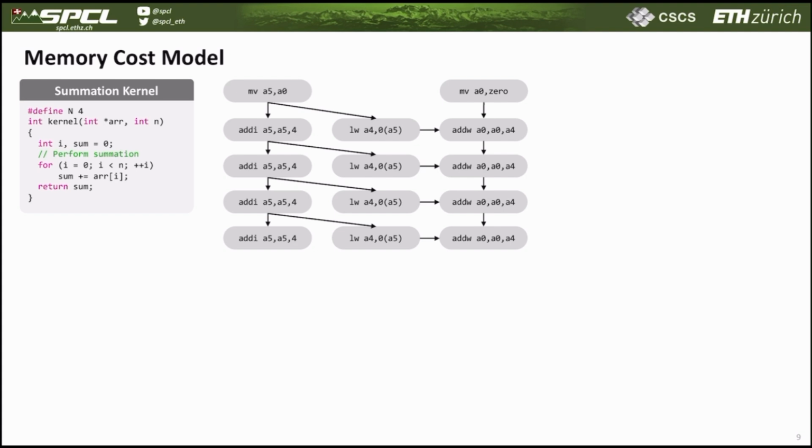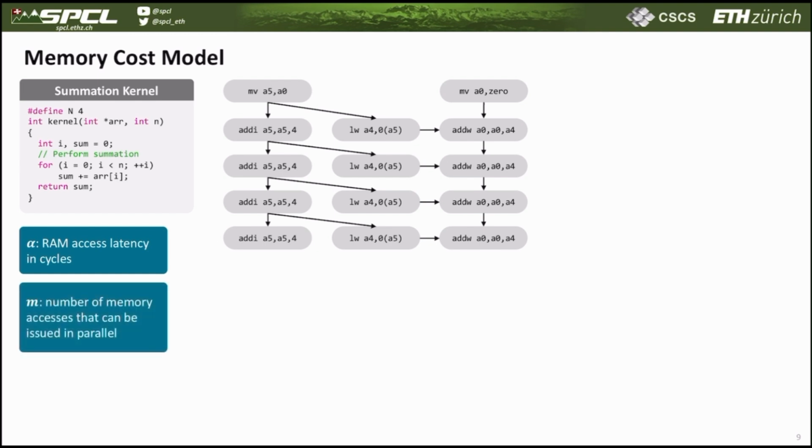Okay, that's nice. How about the memory cost model? How does that work? So if we have a simple summation kernel, we get the following graph. And what we are now interested in is how does our memory subsystem affect the performance of the execution? So what we are essentially interested in is how many memory operations lie on longest paths through this EDAG.